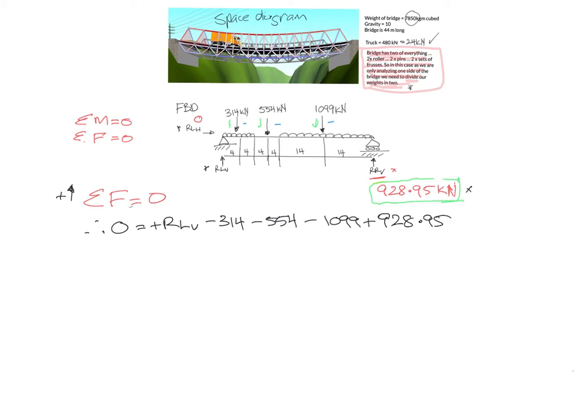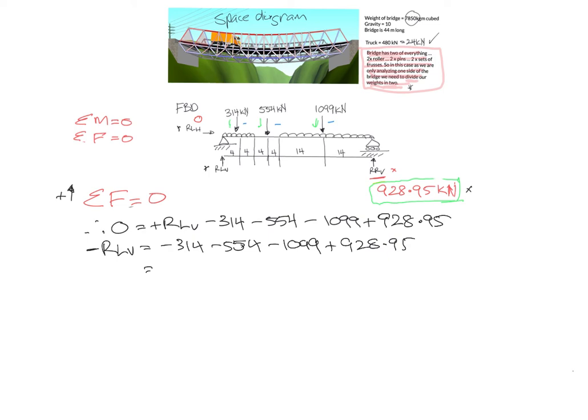928.95 kilonewtons. I'm going to move this over, so I now go from a positive to a negative RLV, which then equals minus 314 minus 554 minus 1099 plus 928.95. Quite a straightforward little calculation.